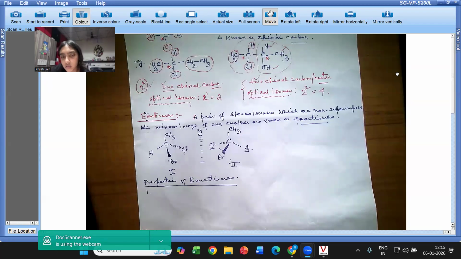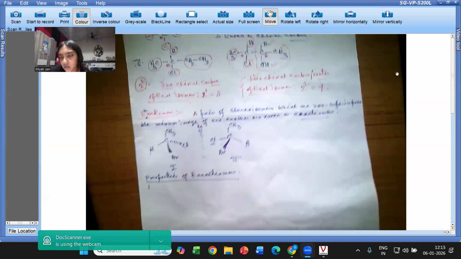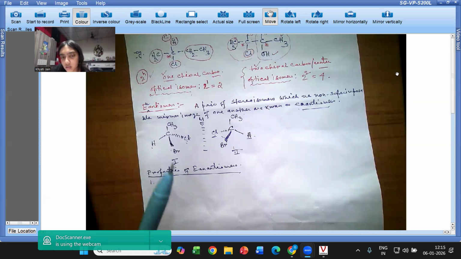Number three, enantiomers have the same magnitude of specific rotation but opposite sign. In a compound containing n chiral carbons, there can be 2 to the power n minus 1 pairs of enantiomers.